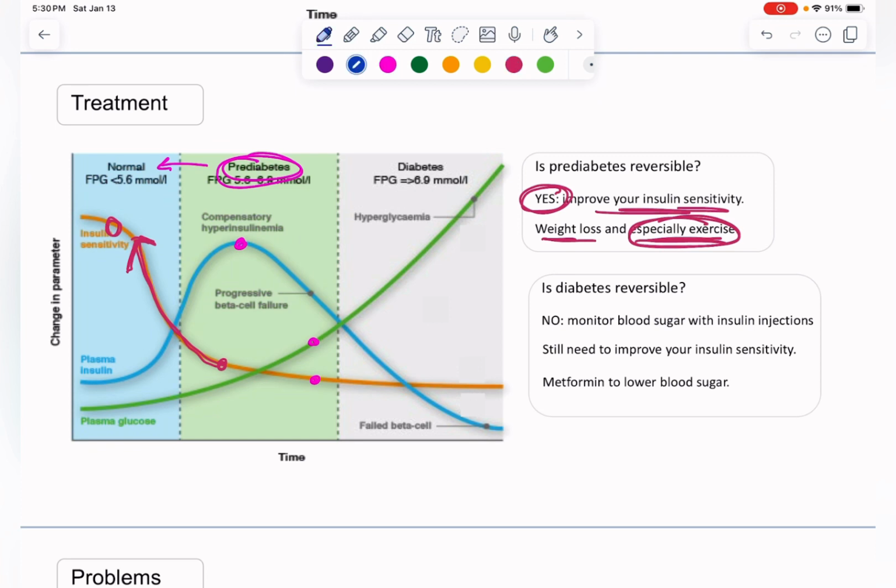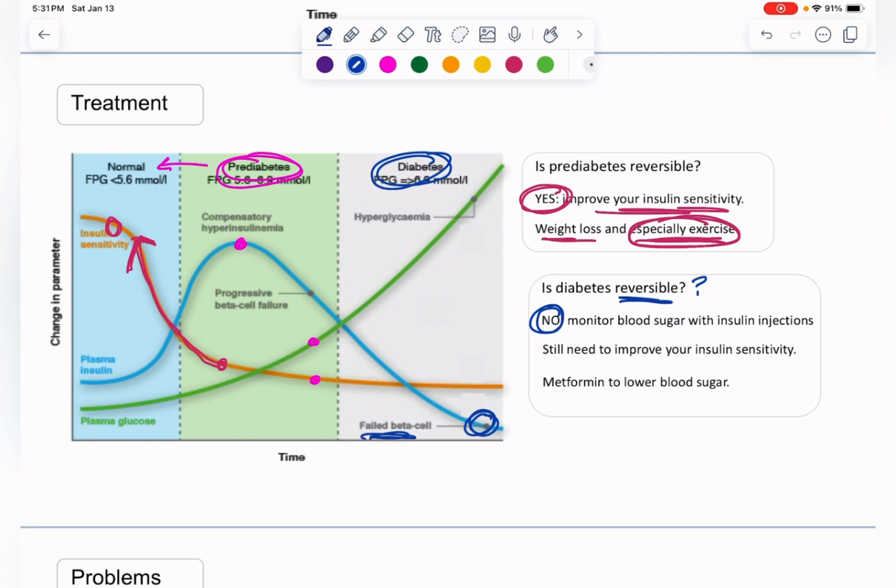What if you're a full diabetic? If you're a full diabetic, is that reversible? And the answer to that, unfortunately, is no. Because once those beta cells burn out, they're no longer able to repair themselves. Those beta cells have failed, and there's no going back.